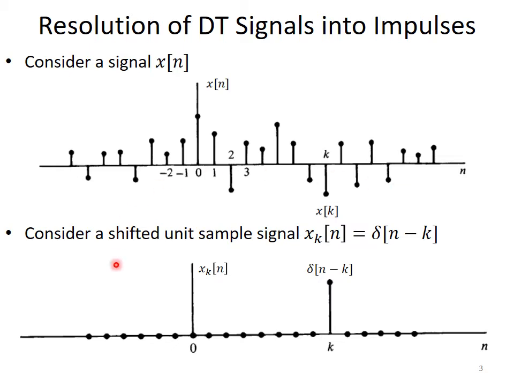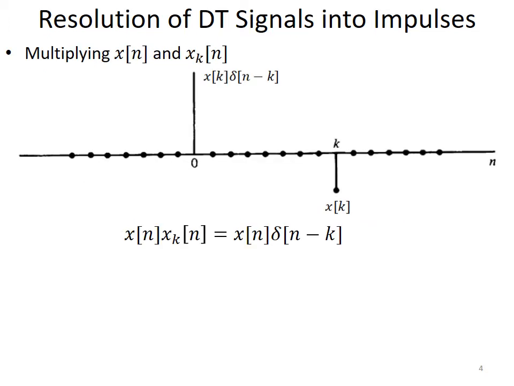So we can represent the entire signal as a sum of impulses scaled and shifted at different intervals, right? For example, this one is scaled and time advanced, as well as this one, and so on. This is what is called the resolution of DT signal into impulses.